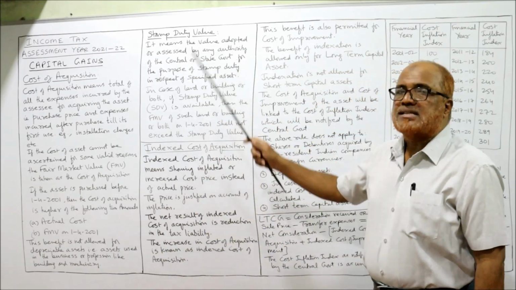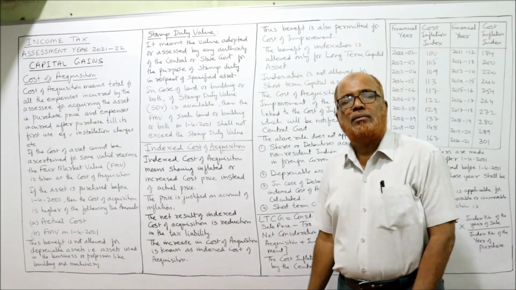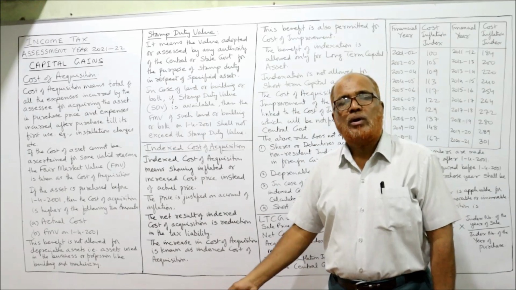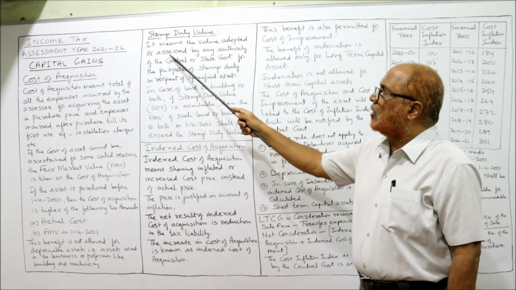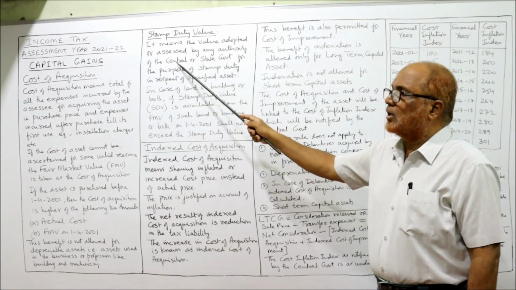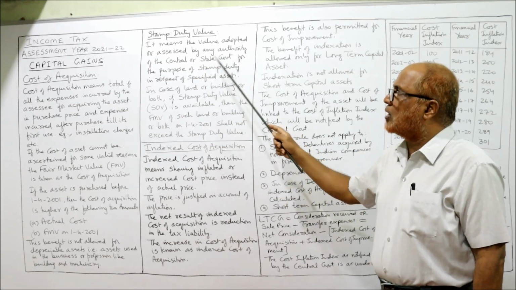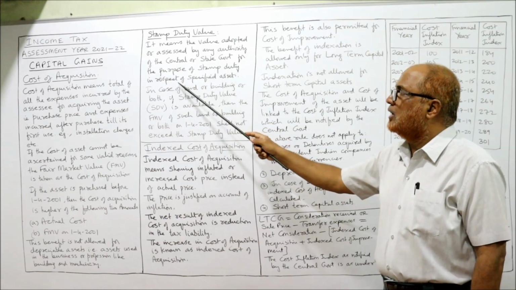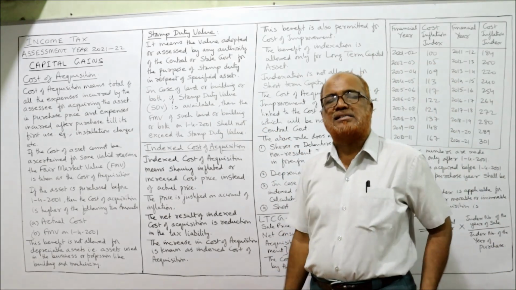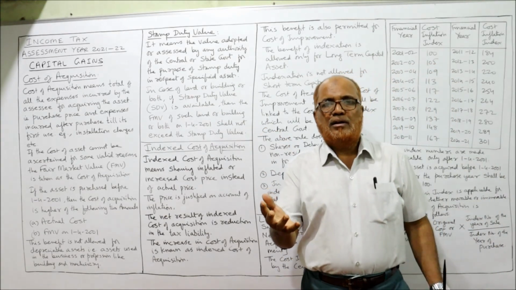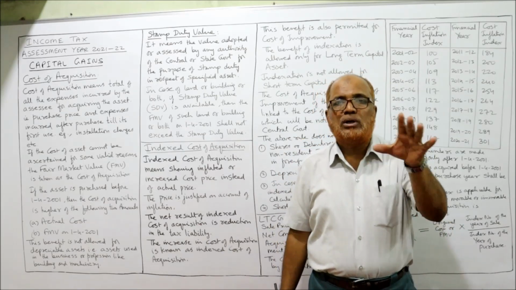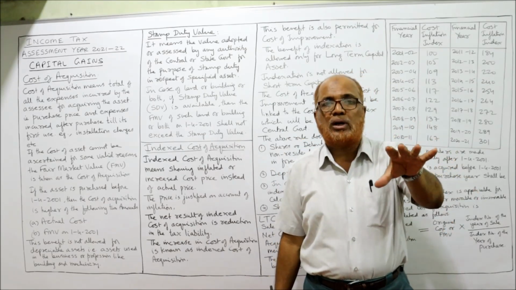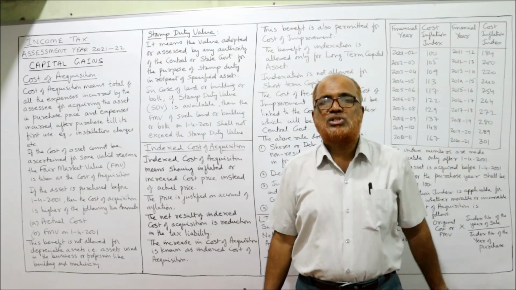Then stamp duty. One more concept you have to remember is about stamp duty. What is stamp duty? It means the value adopted or assessed by any authority of the central government or state government for the purpose of stamp duty in respect of specified assets. When the asset is being registered, the stamp duty will be calculated by the authority of the central government or state government.